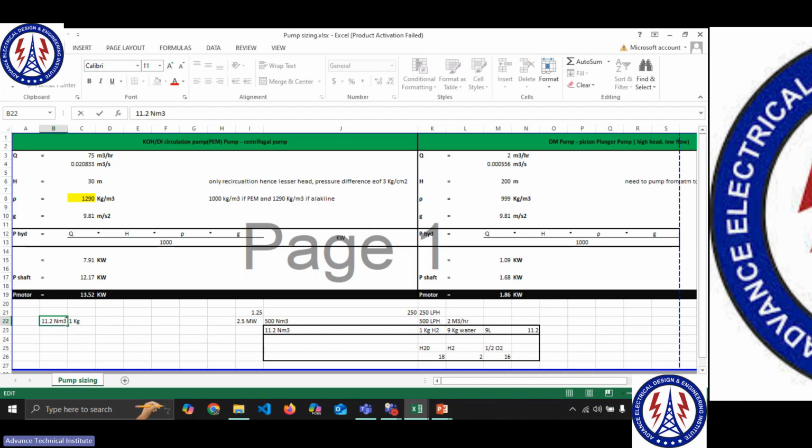Remember that from the initial years also. So that means 9 kg of water will produce 11.2 NMQ.